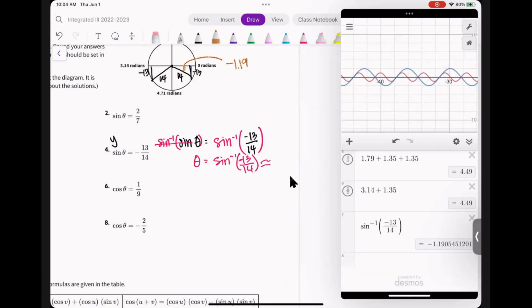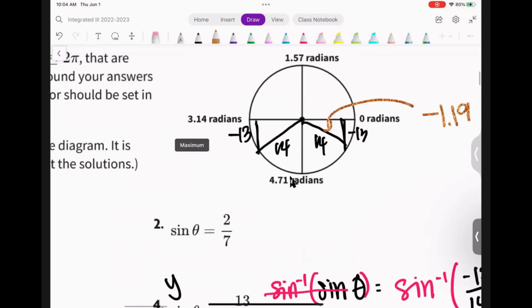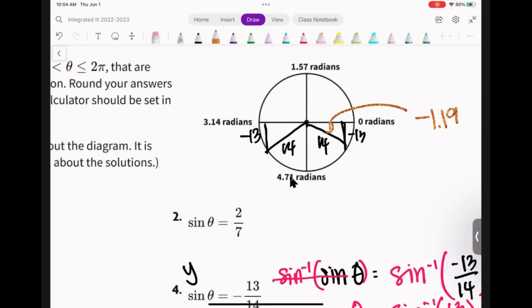So the way you calculate the angles goes like this. If that's negative 1.19, I'm looking for this angle here and this angle here. Just know that the negative part of that angle means that I went in the clockwise direction. So you could think about this reference angle here as 1.19.